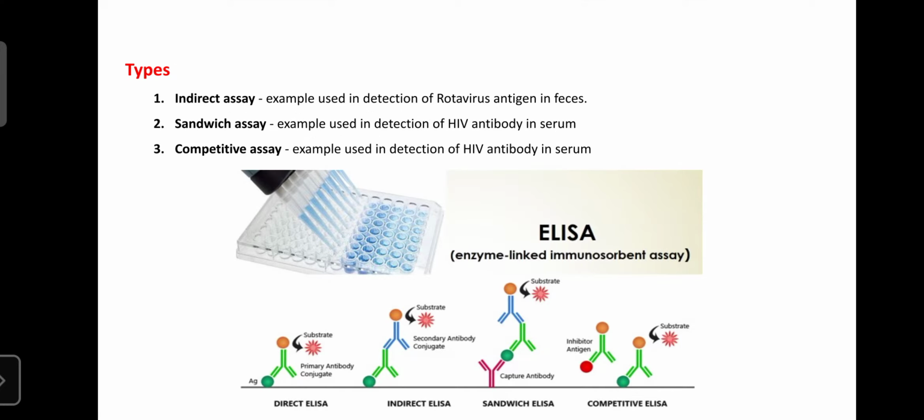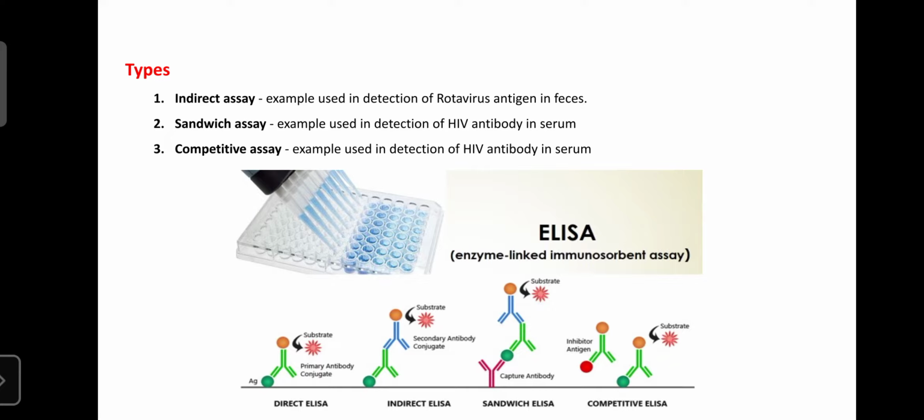Regarding the types, there are mainly three types of ELISA: the direct assay, sandwich assay and competitive assay. Direct means we directly target the molecules.